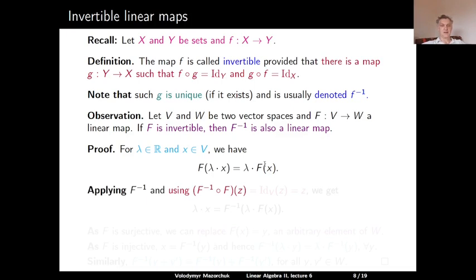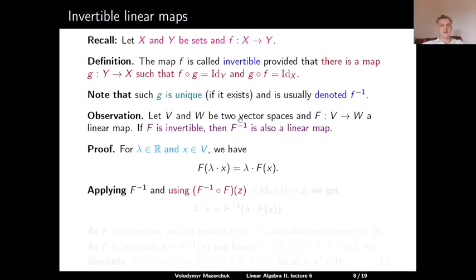So what we will get on the left-hand side is F inverse applied to F of lambda dot x. By definition, this is the composition of F inverse and F applied to lambda dot x.